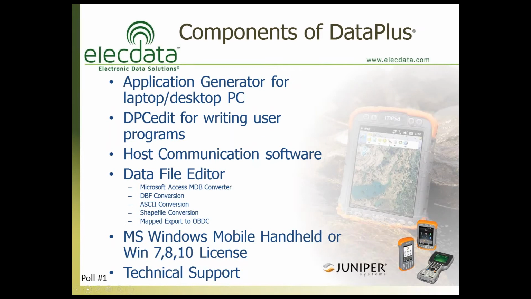The components of DataPlus Mobile consist of an application generator for your laptop or desktop PC. So typically, an agency or company will only buy 1 or 2 of these.